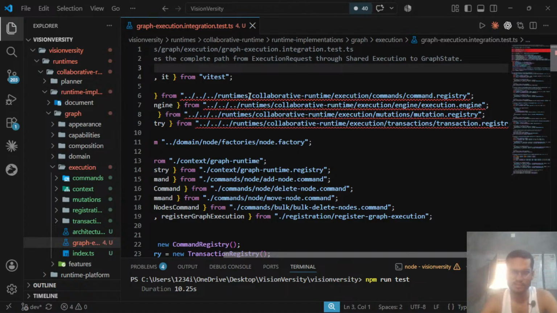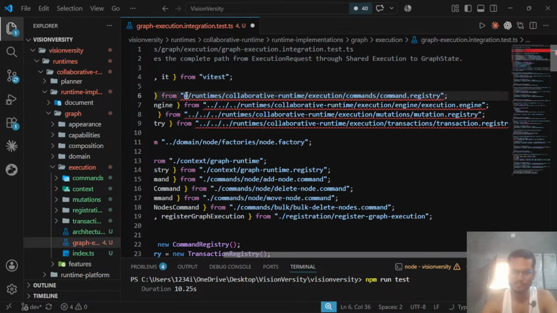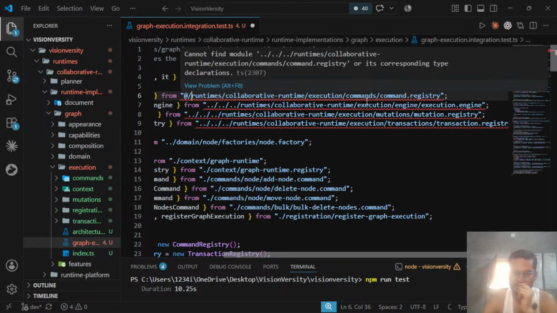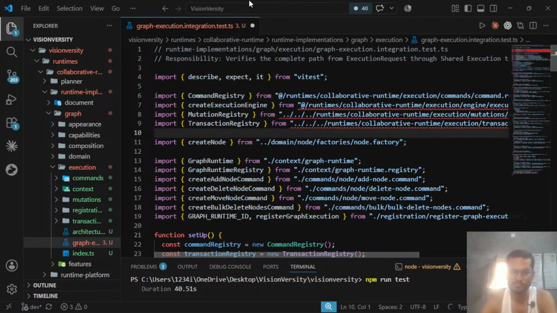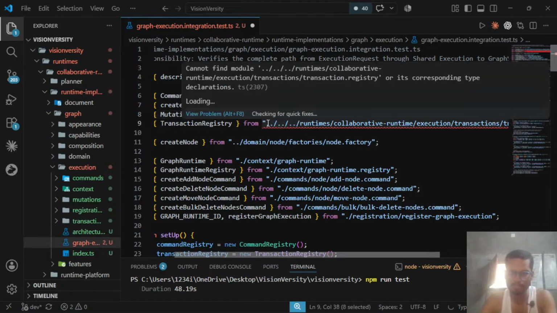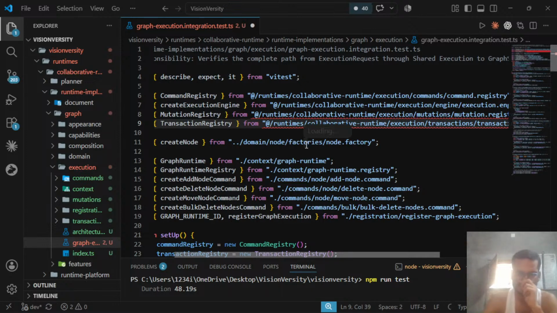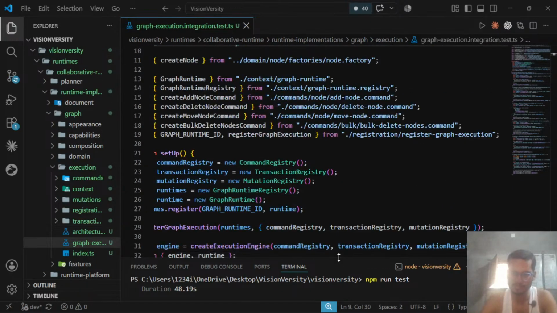I think I have to change this like this to runtime collaboration execution command, and like this. Now here you go.